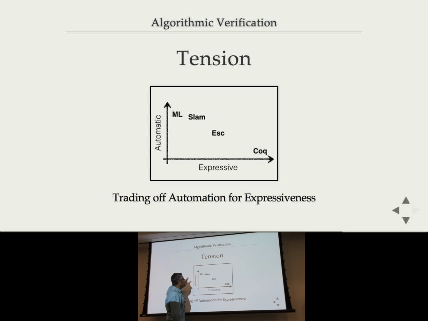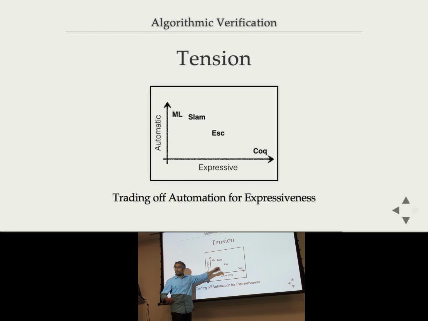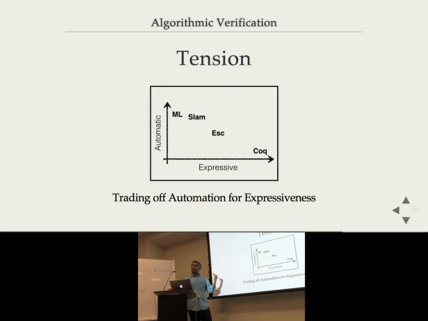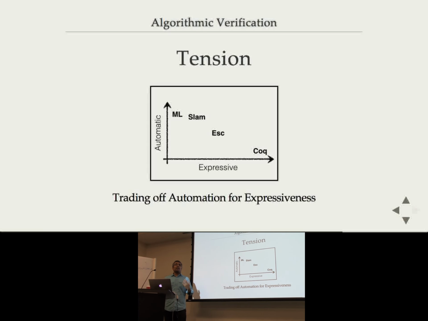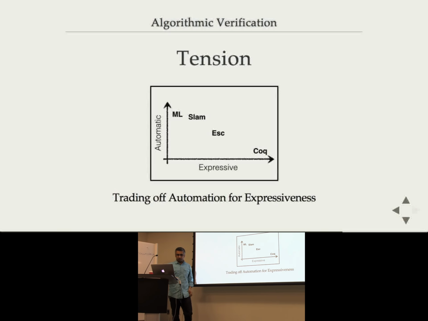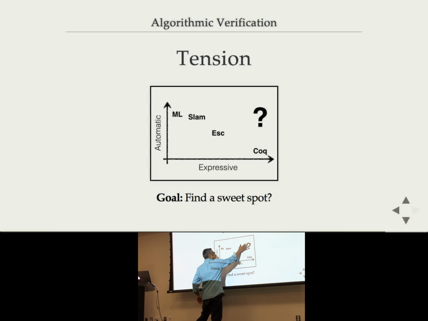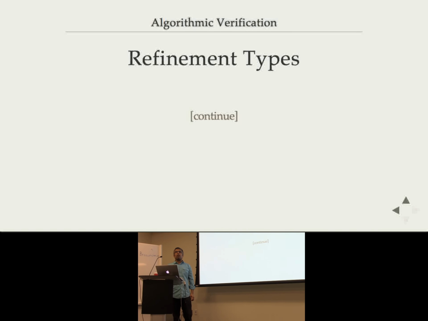It lets you say a lot more things than ML. It's a lot more automatic than, say, something like Coq, because you just write pre and post conditions and loop invariants. But still, it's actually quite limited. It doesn't let you say interesting things about, for example, lists or trees or hash tables or fancy data structures or higher order functions or parametric polymorphism. And so really, the limit would be something over there, but we're trying to just find some sweet spot somewhere around the question mark.